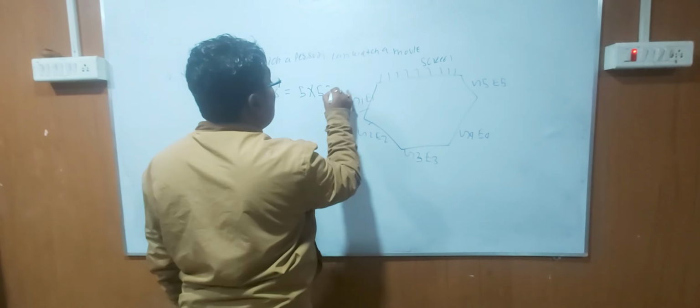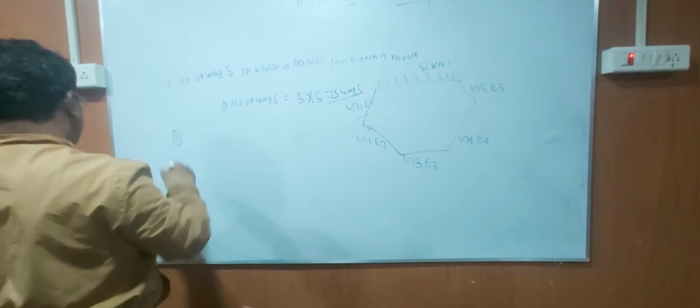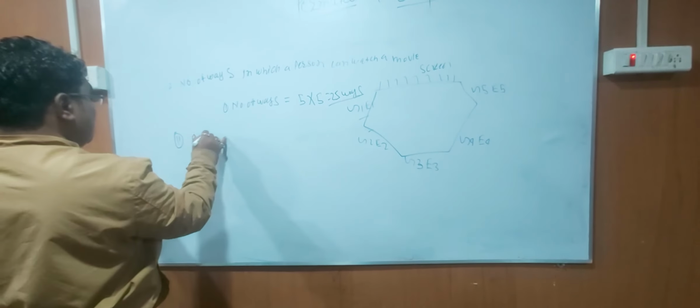The second question is just a part of this question. If E1 and E3 are not allowed for exit, don't worry. Telling that E1 and E3 are not allowed for exit.